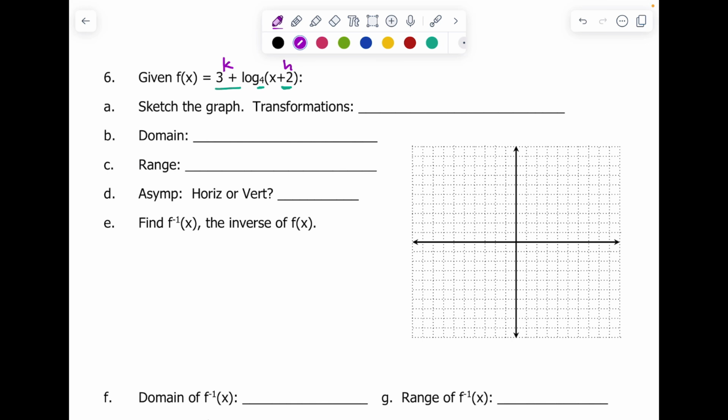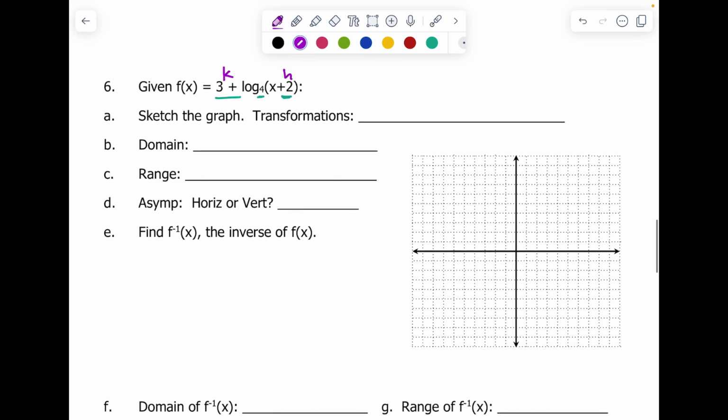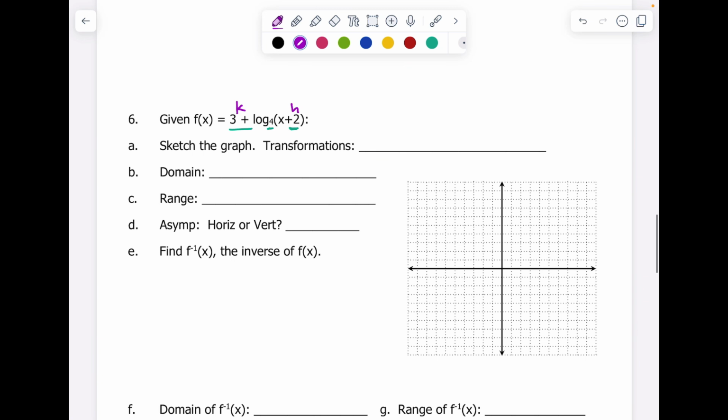So our parent function here would be log base 4 of x. Our critical points would be (1, 0) and (base, 1).